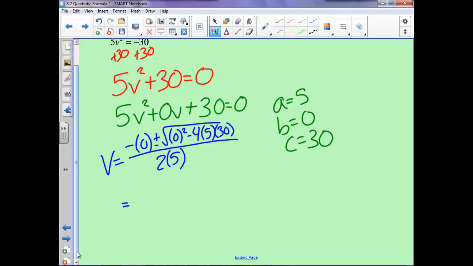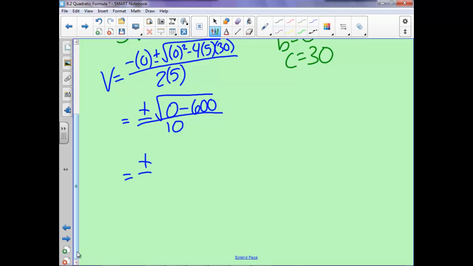Well, negative 0 doesn't do anything, so we're left with 0 plus or minus. 0 squared is 0. 4 times 5 is 20. 20 times 30 would give us a negative 600, all over 10.